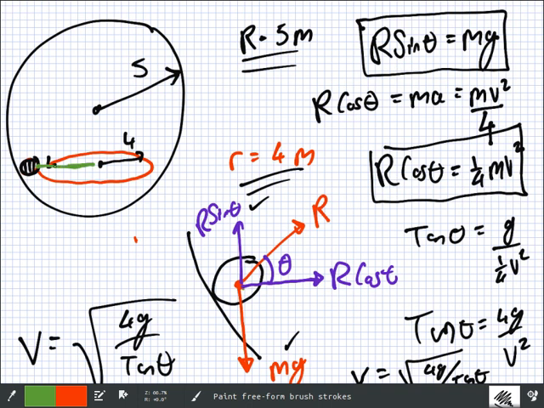You know here is 4. And this length here? 5. And this length here? 3. And so what is tan theta? 3 over 4.